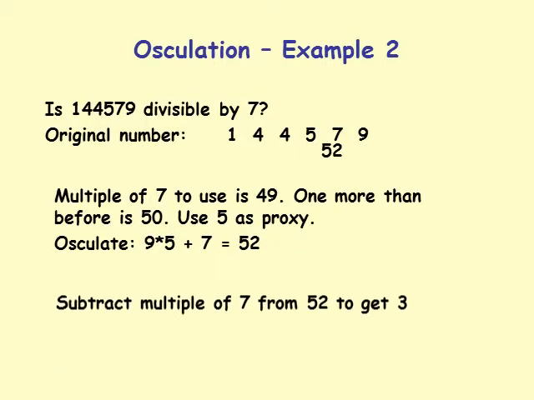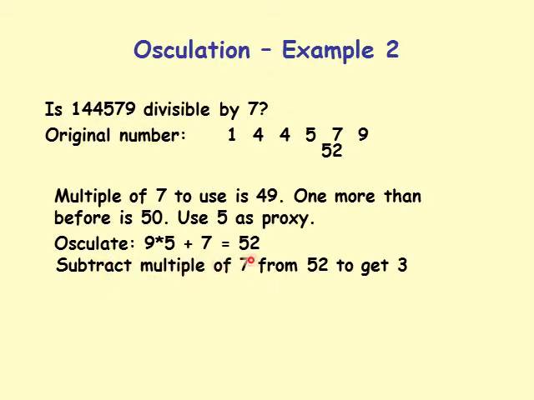Now 52 is too large compared to 7, the number we are trying to divide by. So we subtract a multiple of 7 from 52 to get 3. 52 minus 49 is 3, and 49 is 7 times 7. So we end up with 3.